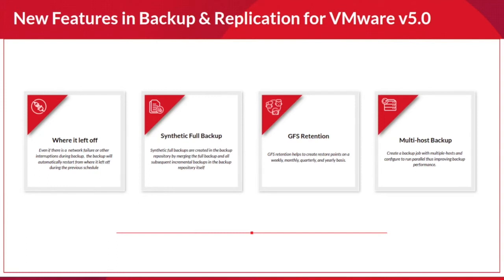And multi-host backup. Multi-host backup is, again, one of the coolest features, and I like this feature a lot, especially personally. For example, if you have multiple ESXi hosts, not vCenter, you can just add all your ESXi hosts to this Vembu server, select the VMs from multiple ESXis in a single job, and configure the backup for these VMs.